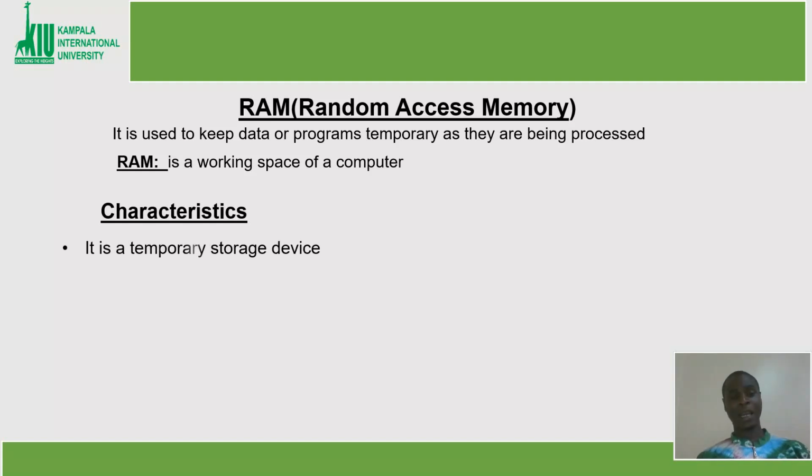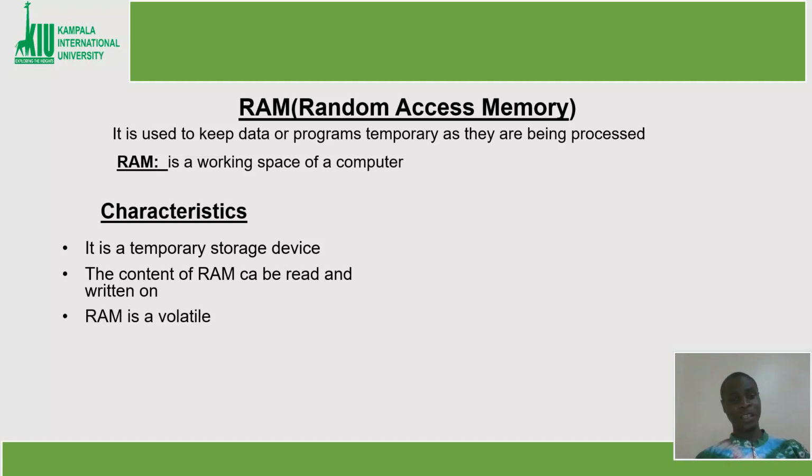Under the characteristics, it is a temporary storage device, which means it stores data temporarily as they are being processed. Next, the content of RAM can be read and written on. Next, RAM is volatile, which means its contents get lost when there is no power.